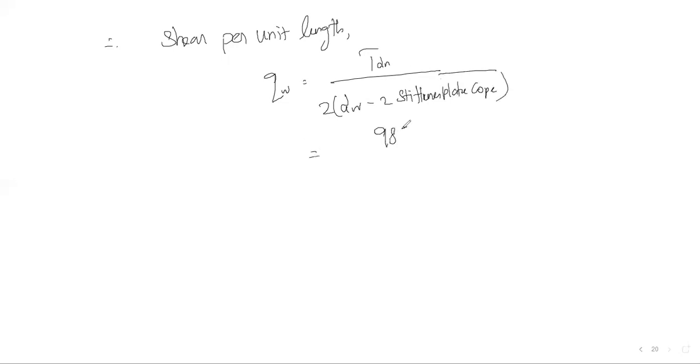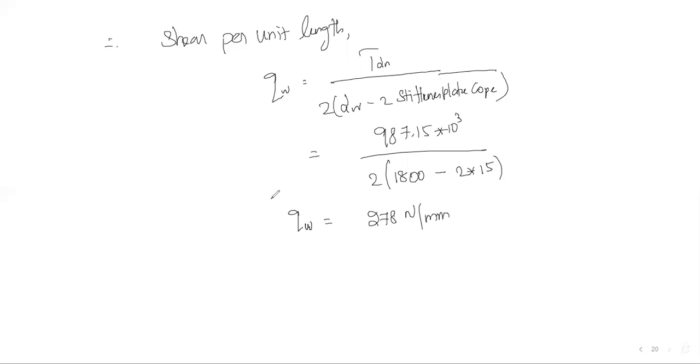So 987.15 into 10 cube divided by 2 into (total depth of web, 1800, minus 2 into stiffener cope, 2 into 15). So it becomes 278 Newton per mm. That is because of the shear created. Okay, now we get the shear per unit length around 278 Newton per mm.